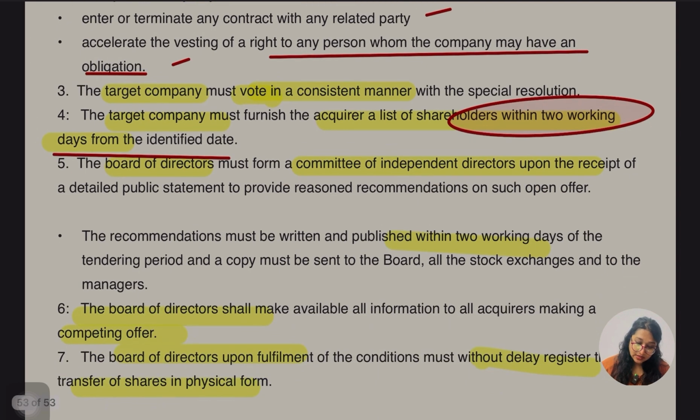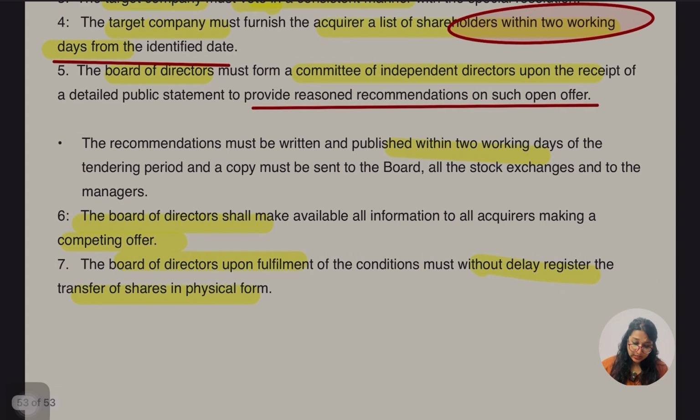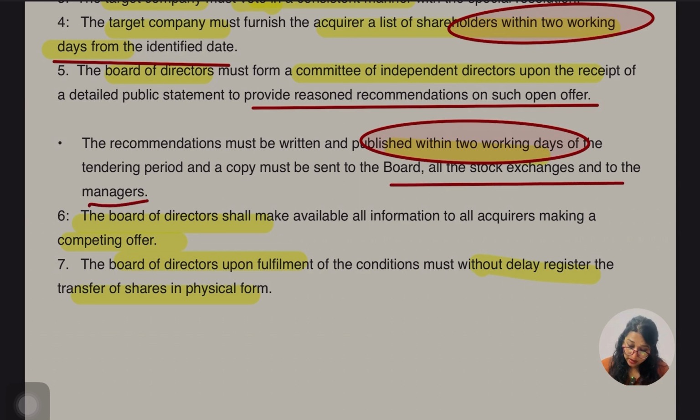The board of directors must form a committee of independent directors upon receipt of the detailed public statement to provide a reasoned recommendation on the open offer. The recommendation must be written and published within 2 working days of the tendering period, and a copy must be sent to the board, all stock exchanges and the manager.